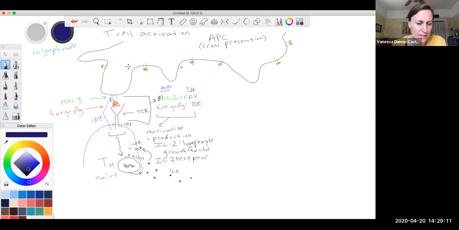This leads to a second activation event. So the binding and engaging of the interleukin 2 receptor will also trigger secondary events here.